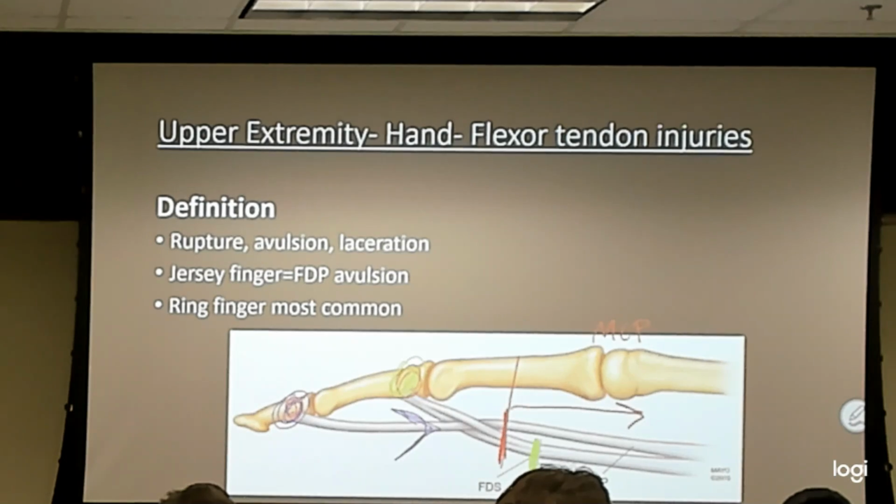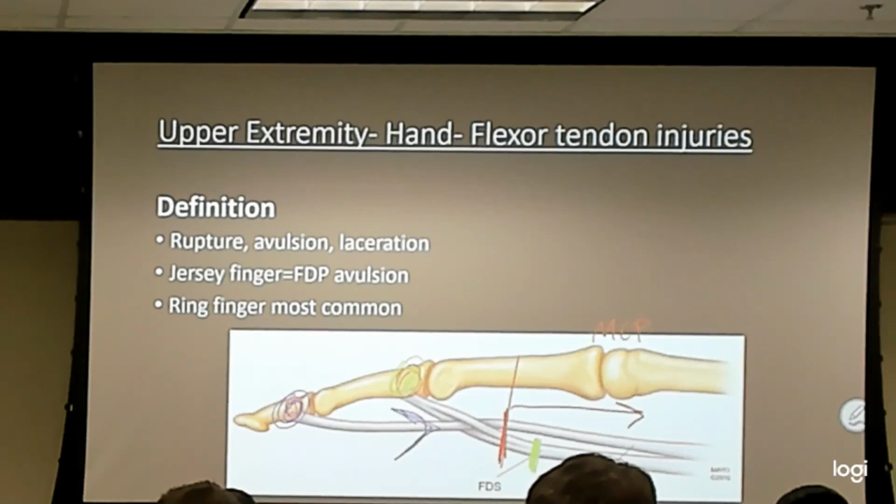So that kind of analysis on what moves where. Okay, FDS, flexor digitorum superficialis. You're right, superficialis, thank you, I appreciate the correction. And profundus is the deep one.